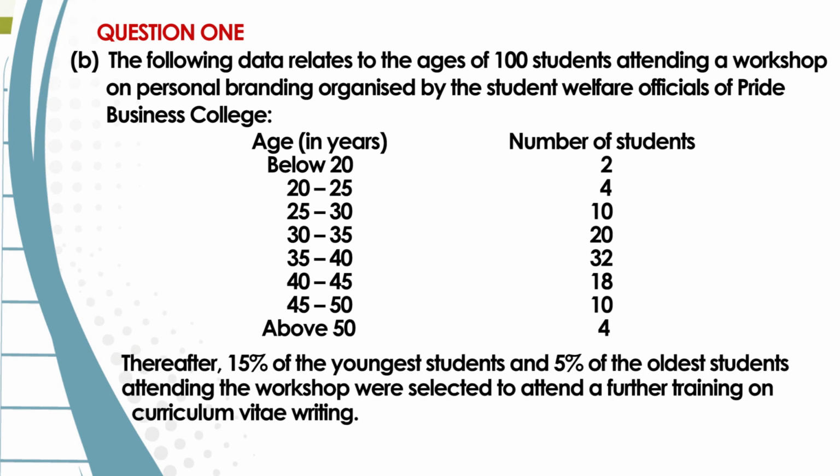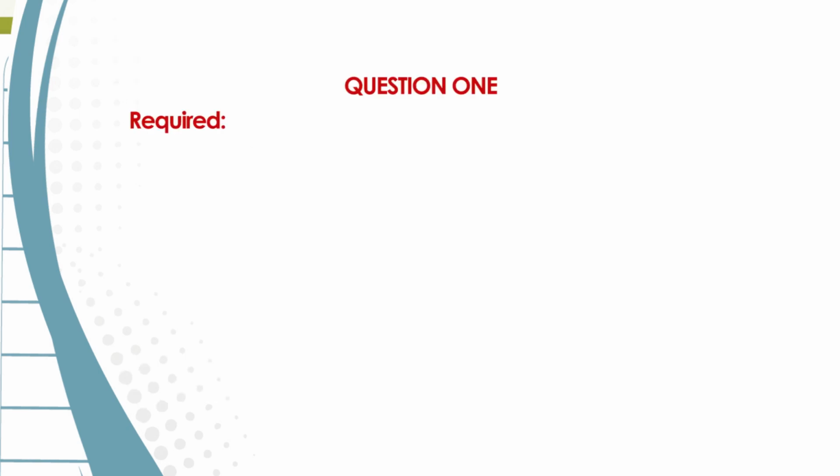Thereafter, 15% of the youngest students and 5% of the old students attending the workshop were selected to attend a further training on curriculum vitae writing. You are required there, Roman 1.